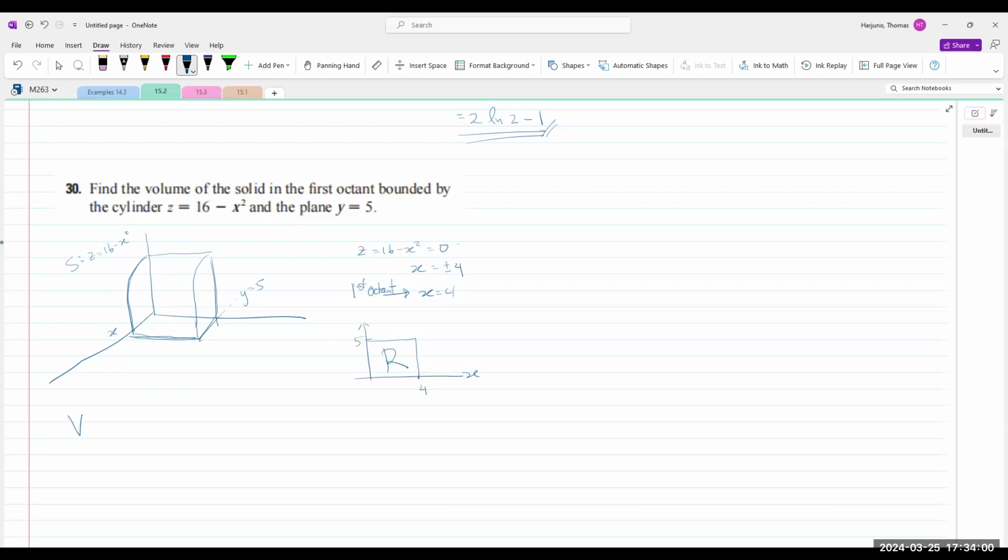So the volume is equal to the integral from 0 to 4 for x, 0 to 5 for y, of 16 minus x squared dy dx.